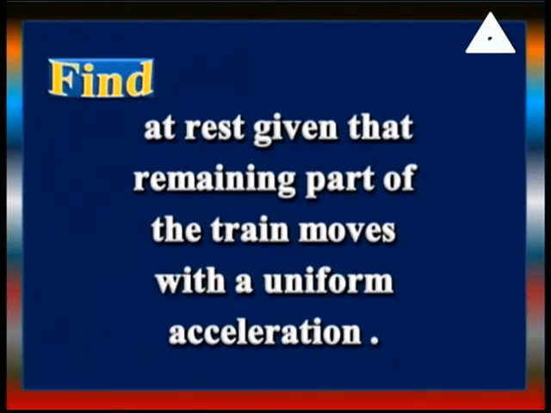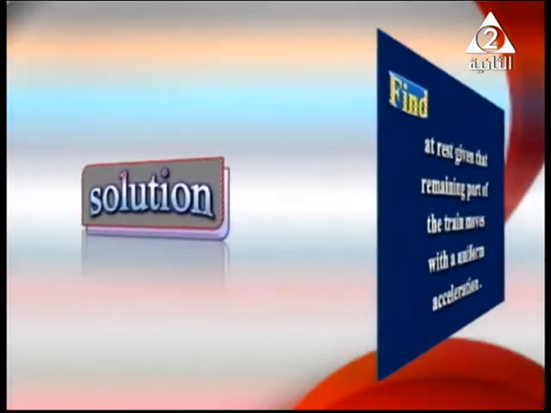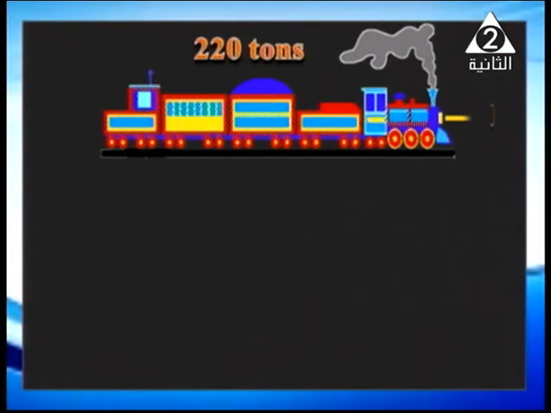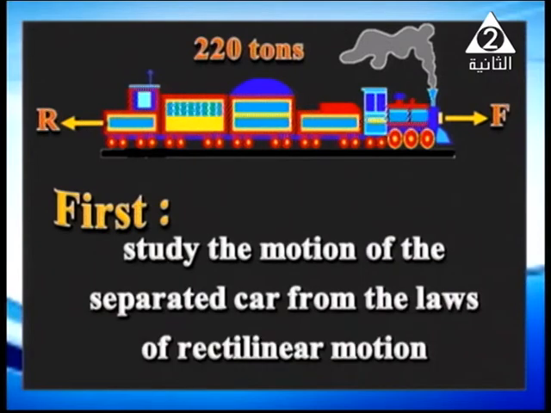My dear student, look at the solution. First, we have the train, its weight 220 ton. There are two forces. The first force to the right is the resultant of the engine, but to the left is the resistance.